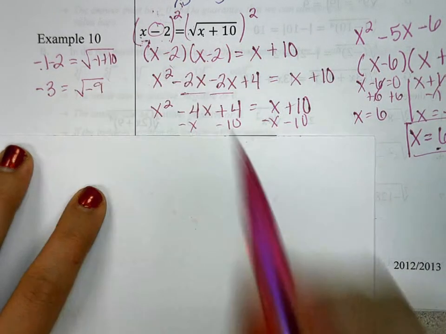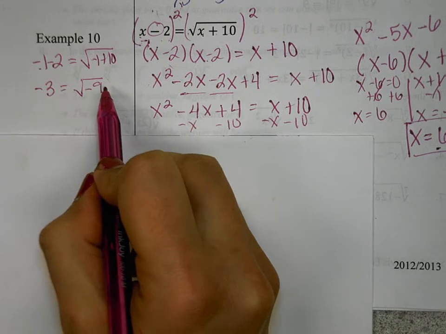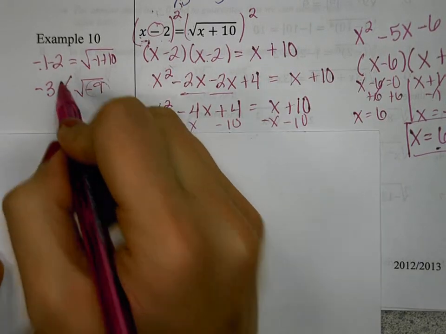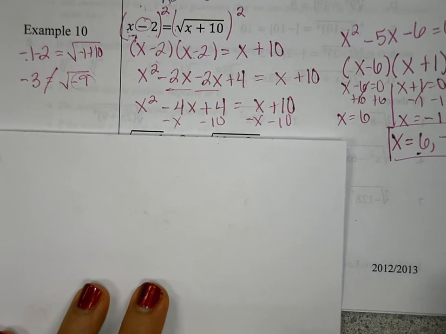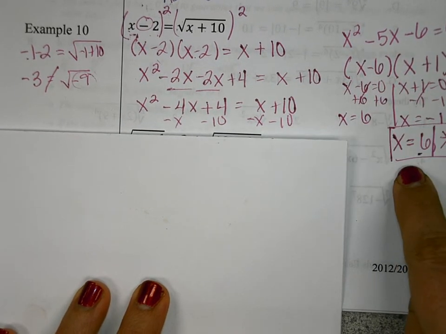Now wait a second, I have a square root with a negative on the inside. That's not allowed because we do not have imaginary numbers. So this is not a possibility. So I actually only have one answer, and that is x equals 6.